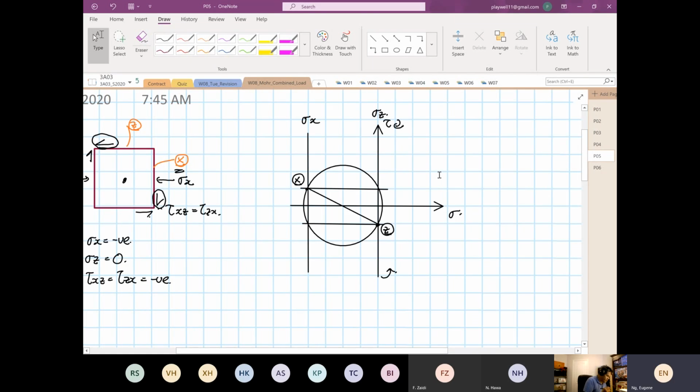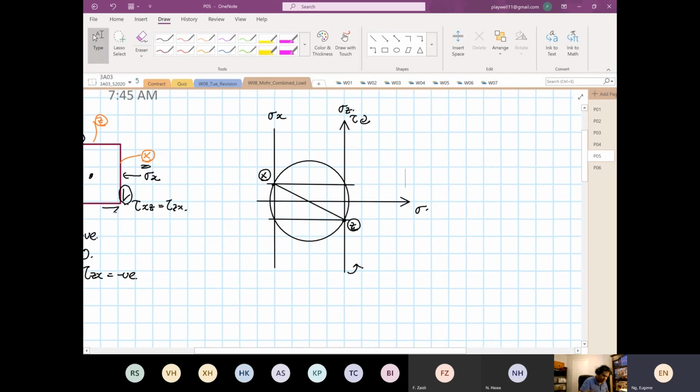Okay. So the first thing that we can calculate from here is, so we have learned this 2 weeks ago, right? So we are going to calculate our stress average. So the distance from here to here, we are going to call it our stress average. Okay.